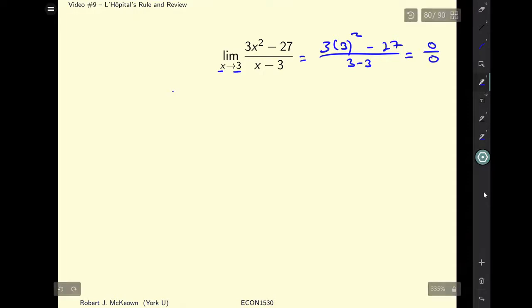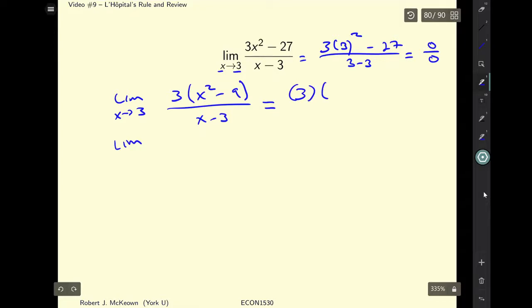So if I look at the denominator here, I could write it like this, and then I could go, well, maybe I'll do this. I've got a difference of squares here. So I've got x plus 3, x minus 3. The whole thing is divided by x minus 3.